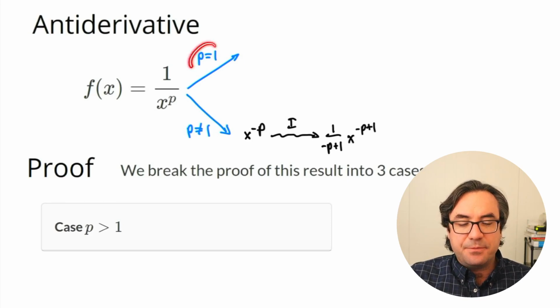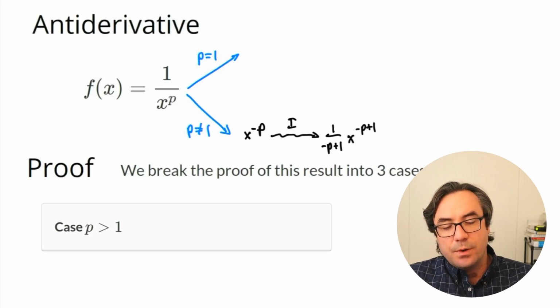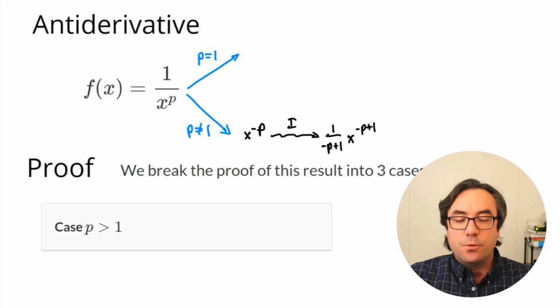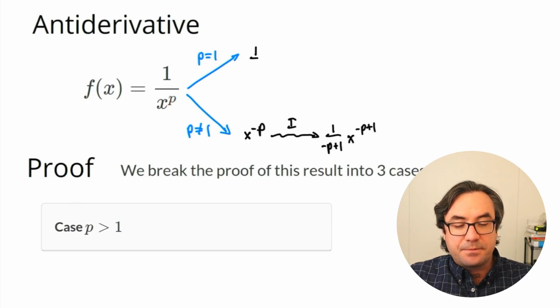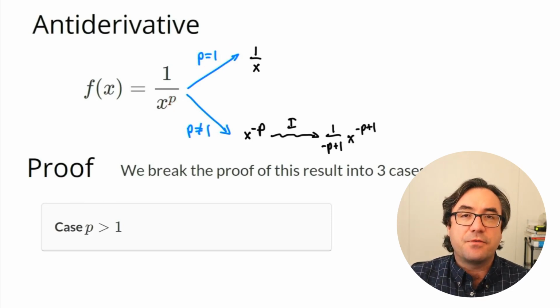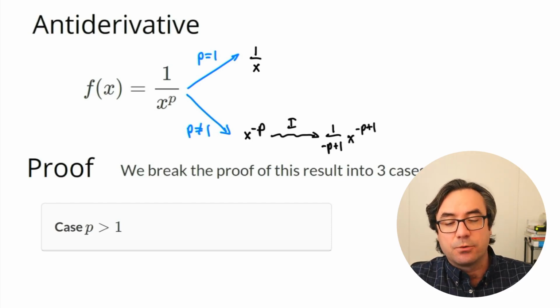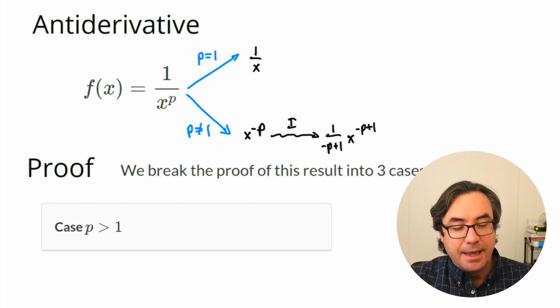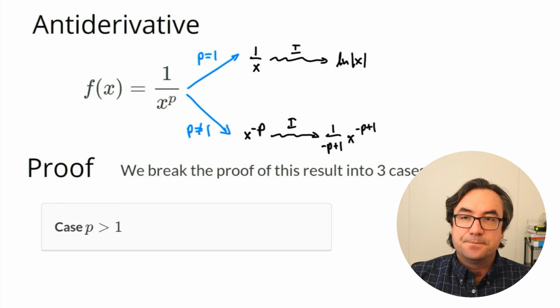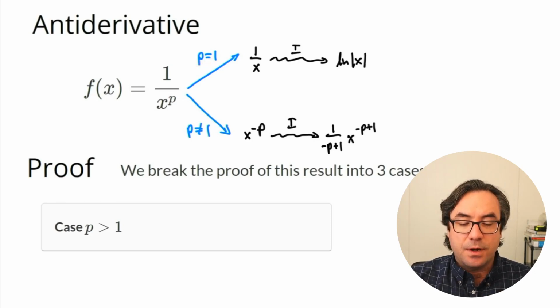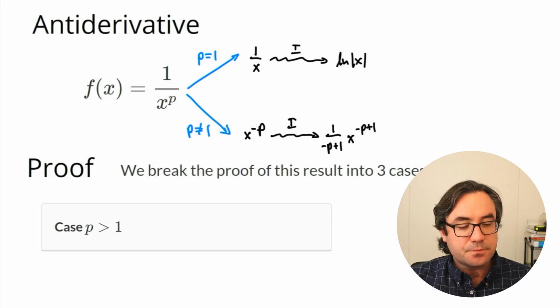Well, what happens if p is equal to 1? When p is equal to 1, we end up with the special case for our function of 1 over x. And this is the case where power rule doesn't work. And when we integrate, we end up with natural log. So right now there's two cases, when p is equal to 1 and when p doesn't equal 1.